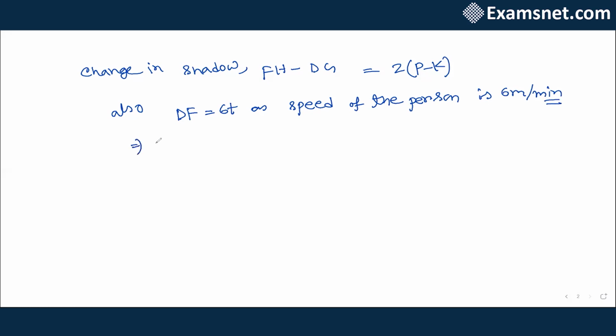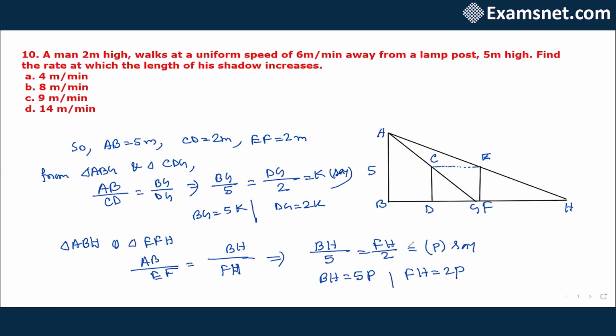So DF can be found as BH minus FH subtracted by BG minus DG. Let's check it here. BH minus FH will get how much portion? BF portion, right? So from that you are going to subtract BG minus DG.